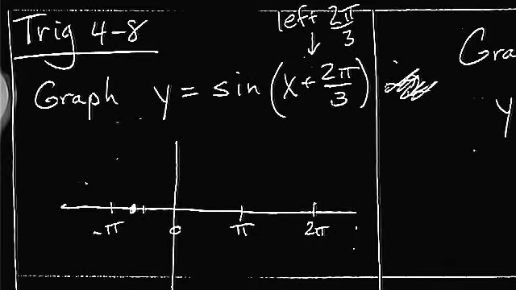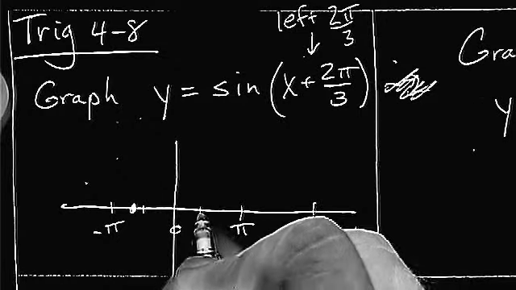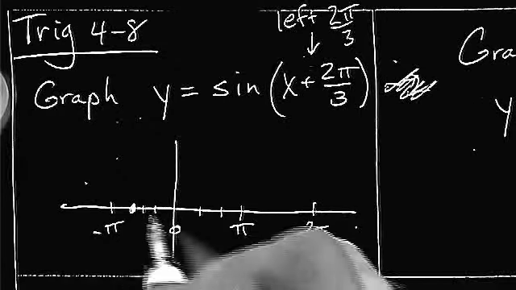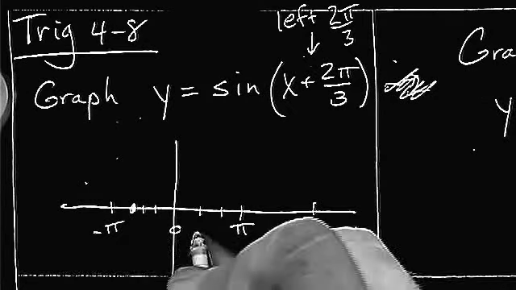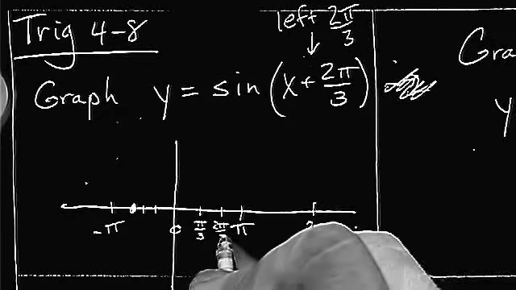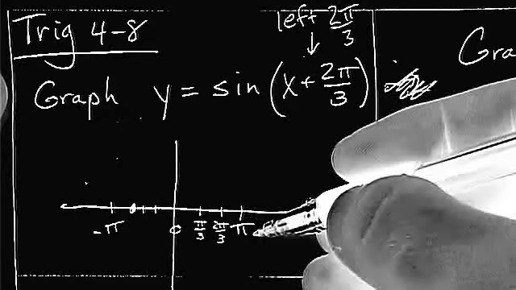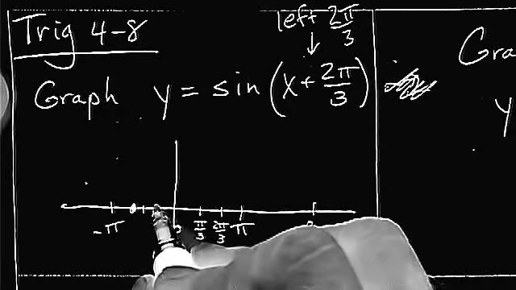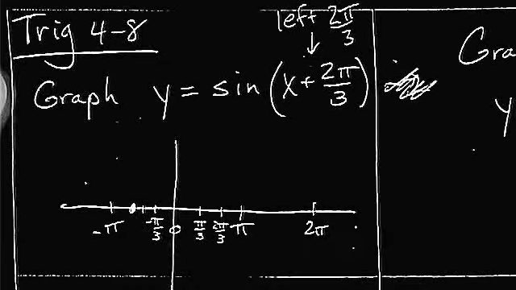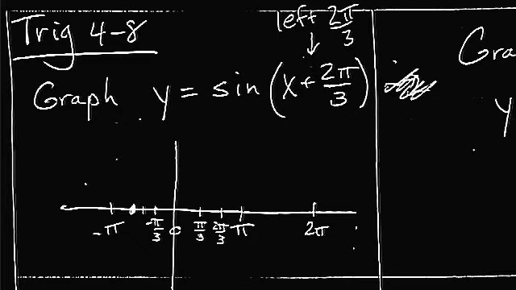Because imagine that you are splitting pi up into 3 equal pieces, right? Maybe I should have done that. So this one would be 1 pi over 3, and this would be 2 pi over 3. Obviously, pi would be 3 pi over 3. And that would be negative 1 pi over 3 and negative 2 pi over 3, and I just run out of room for more on the scale.